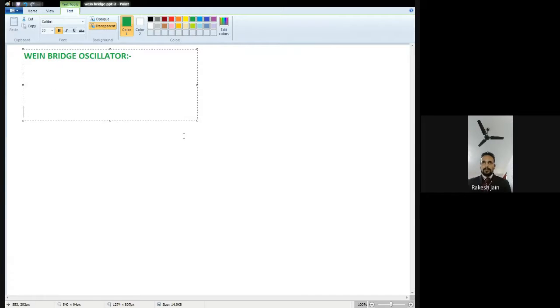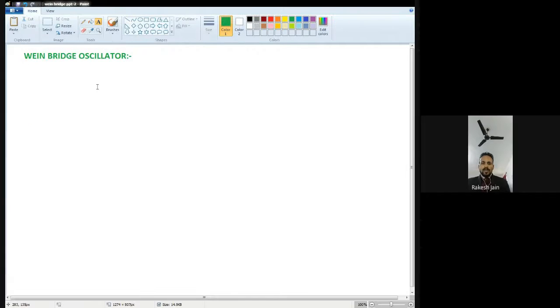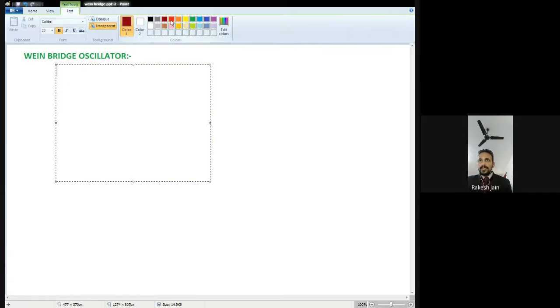First of all, the Wein bridge oscillator is a sinusoidal oscillator. First, it is a sinusoidal oscillator. It must satisfy the Barkhausen criteria to sustain the oscillation.